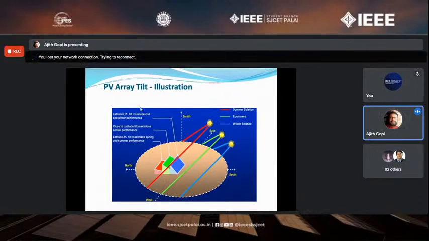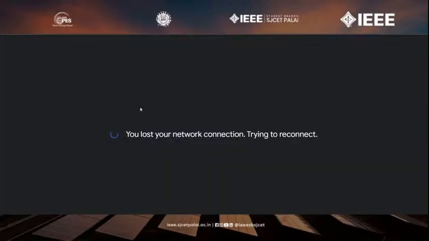You will get a lot of journal papers for finding the optimal tilt. As a reference, you can go for a tilt angle equal to your latitude. For example, if your latitude is 10 degrees, you make a tilt of 10 degrees to the horizontal, right? This is lesson number 2. So the first lesson was orienting towards south.